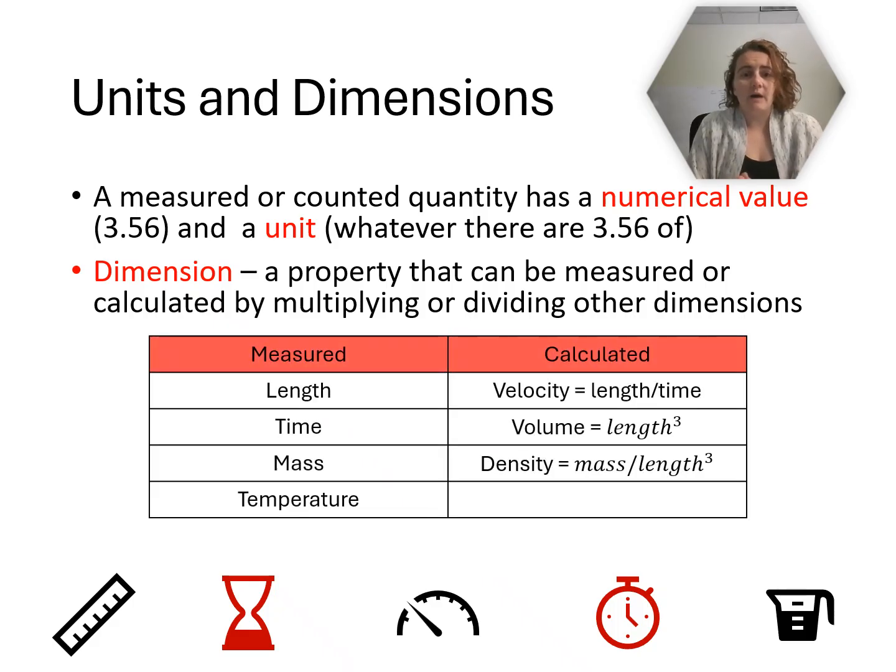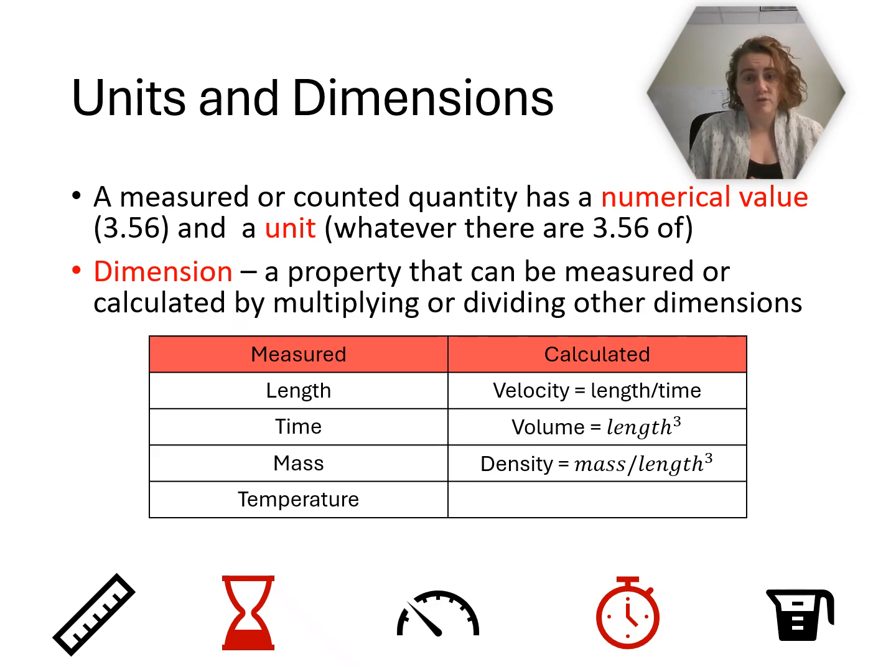So for example, we can measure length, time, mass, temperature. We have devices to do all of those things, but we can also calculate a lot of different parameters as well. So these would be different dimensions that we can calculate. For example, velocity being length divided by time, volume being a length cubed, and density being a mass divided by a length cubed.